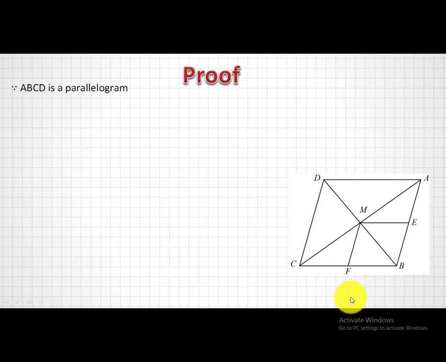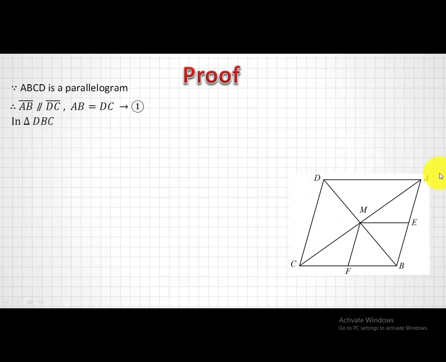First, since ABCD is a parallelogram, therefore line segment AB is parallel to line segment DC, and AB equals DC, and this is number 1.